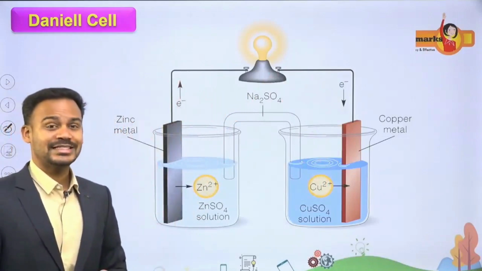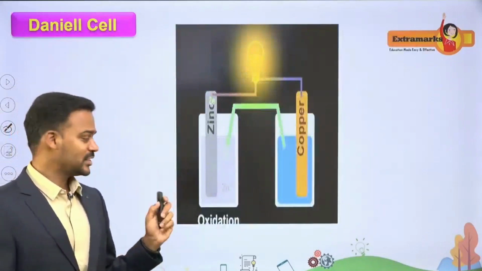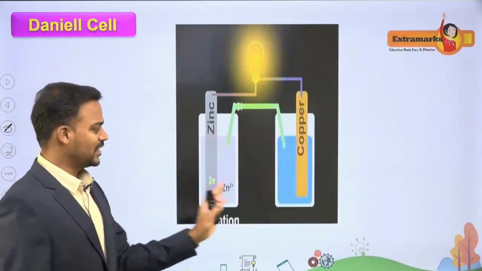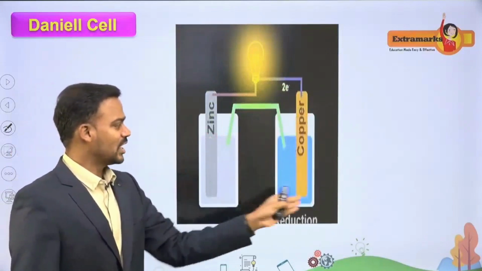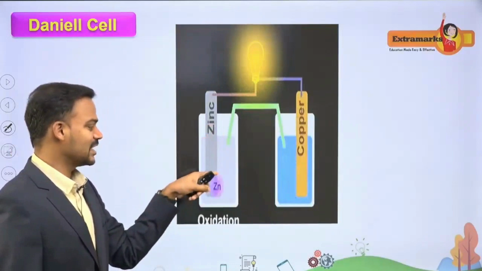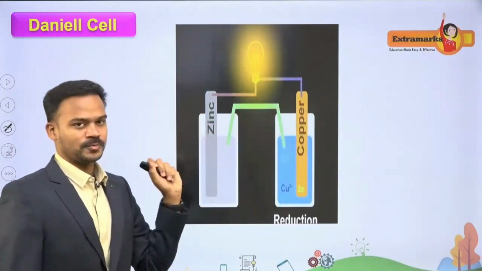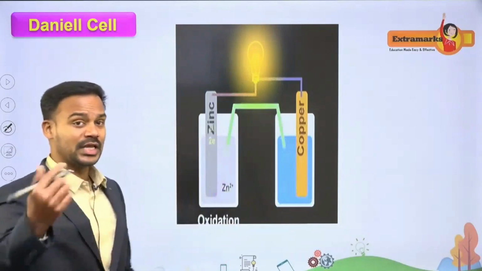So let's clearly see what is happening in a Daniell cell. There is oxidation happening in the oxidation half cell and reduction happening in the reduction half cell. Zinc dipped in its zinc sulfate solution, copper dipped in its copper sulfate solution with a salt bridge. How are these electrons flowing?